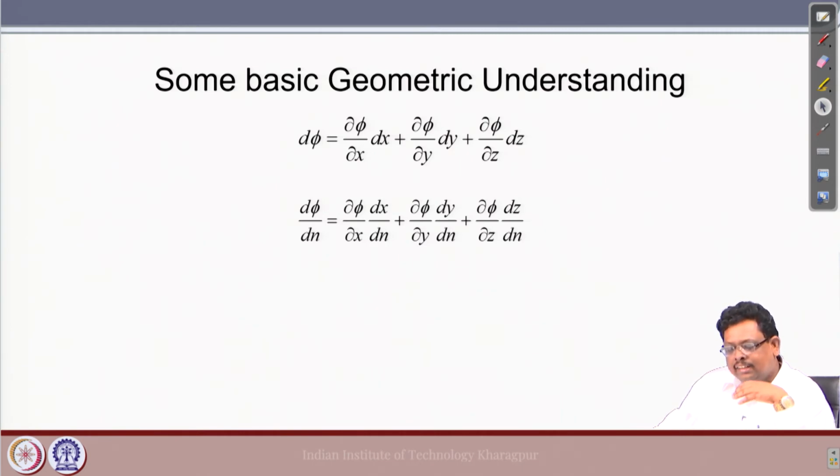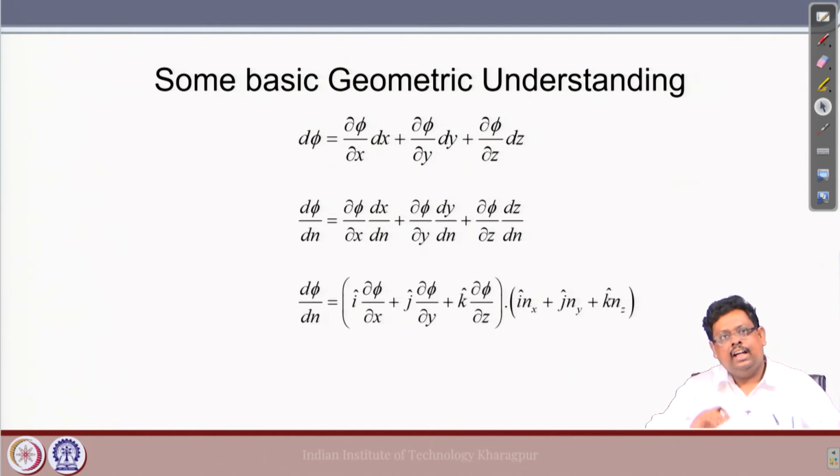Now, if it is so, then I can write this in a vector form. How? You can see in the next slide that I can write grad phi as i del phi del x, because it is the component along the x direction, then j del phi del y and then k del phi del z. So, I can write it in vector form, because del phi del x is in the direction of i, del phi del y is in the direction of j and del phi del z is in the direction of k.